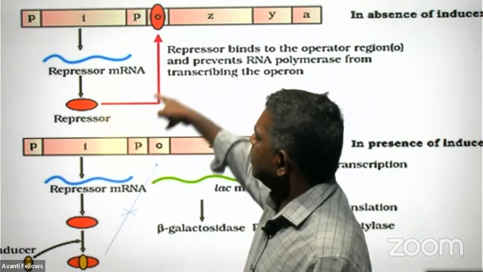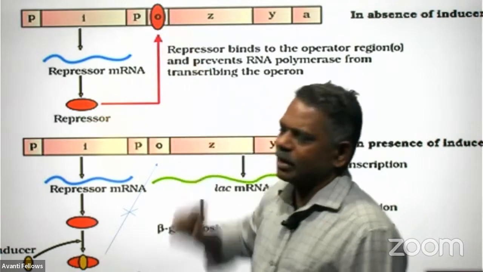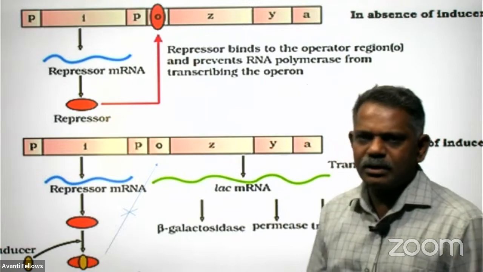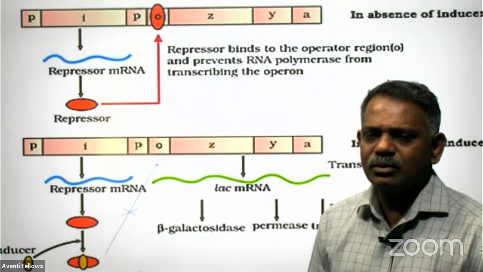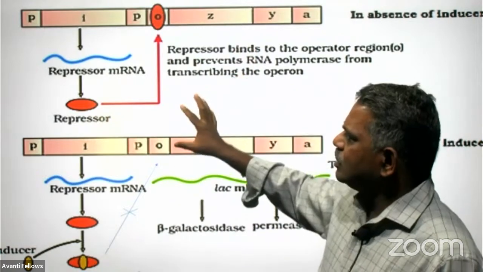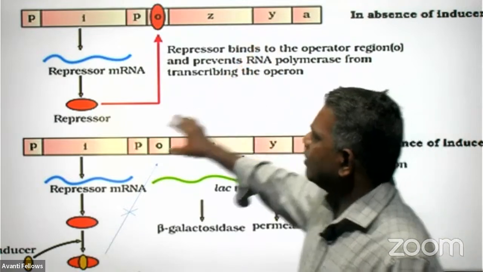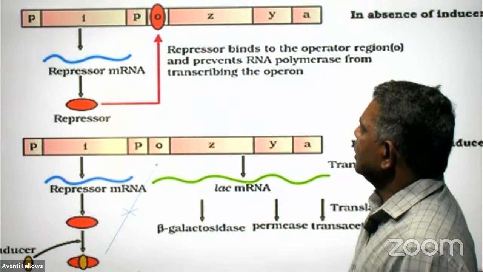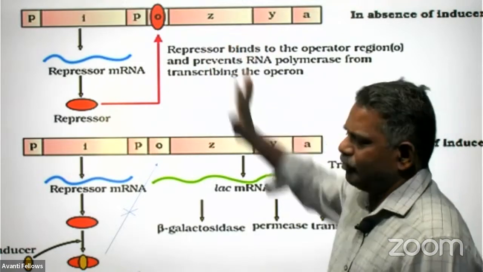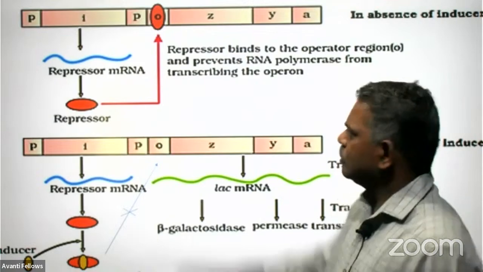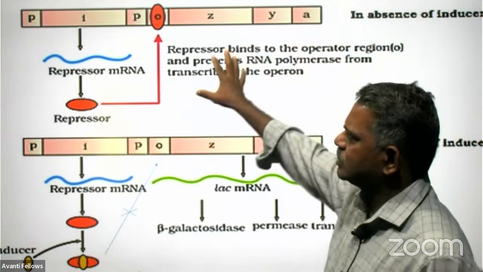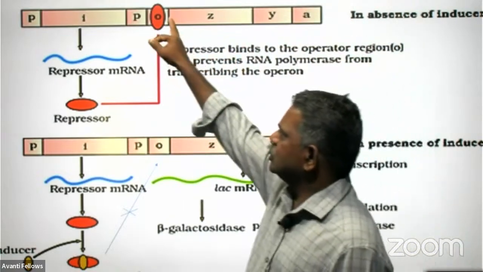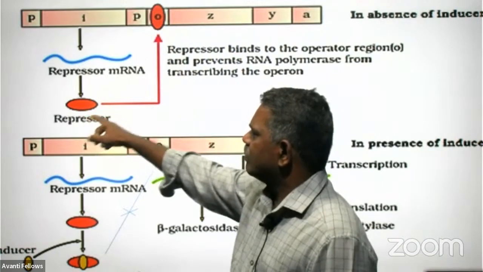After its production, it will go and bind to the operator gene. The operator gene is the switch, which switches off this entire system. So because of this binding of the repressor protein on the operator gene, it puts the switch off. So the entire system stops functioning. Now the switch is off due to the binding of the repressor protein.